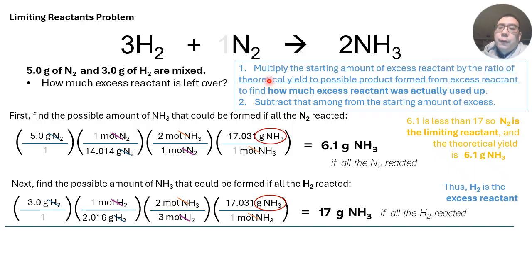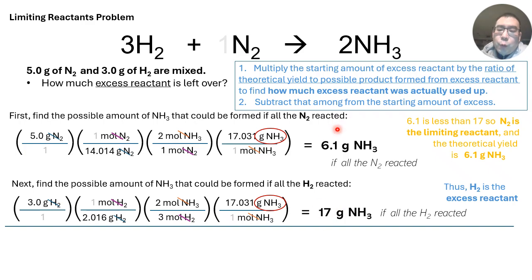Okay, so the first thing we need to do is find how much excess was actually used up. And I showed you a way to do it with the heads and the monsters. We're going to use a little bit of shortcut here. And so what we're going to do is we're going to multiply the starting amount of excess, 3.0 grams, by the ratio of the theoretical yield, how much was made, to the possible product formed from excess, right?